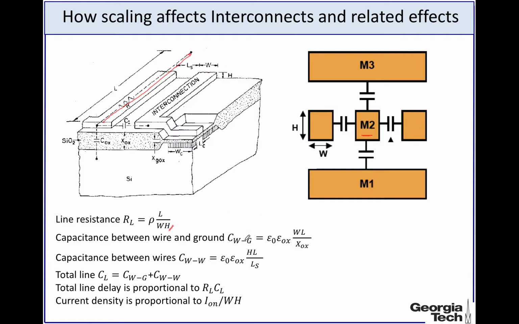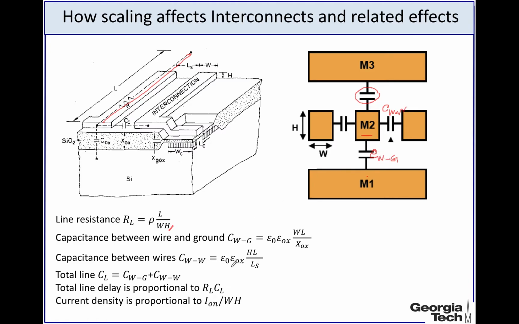And then we have capacitance between the wire and the ground, and also capacitance between the wires in the same metal layer, and additional capacitances between this layer and the layer on top. Here it can be another metal layer, or a ground plane or whatever, but essentially all these capacitances are there.